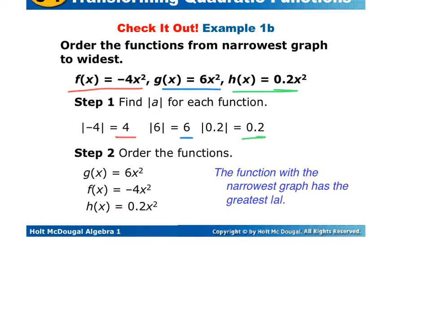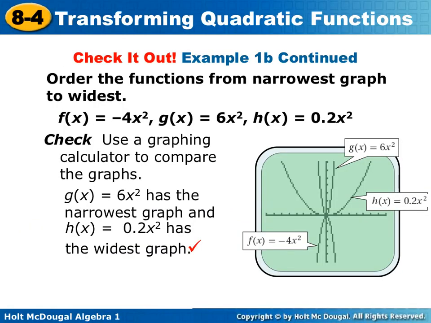So now if we order the numbers from greatest to least, then it's automatically in order from narrowest to widest. So the g of x would be the most narrow, then the f of x, and then the widest would be the h of x. And here is the visual using the graphing technology.